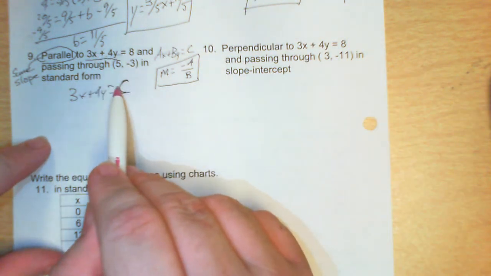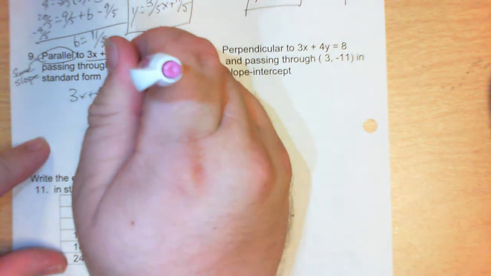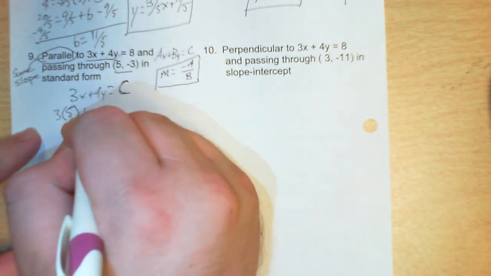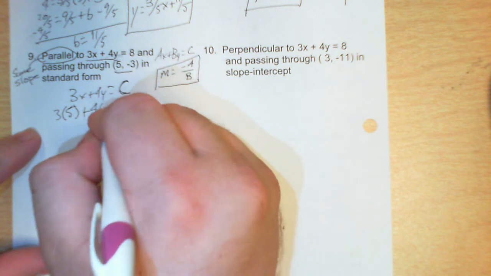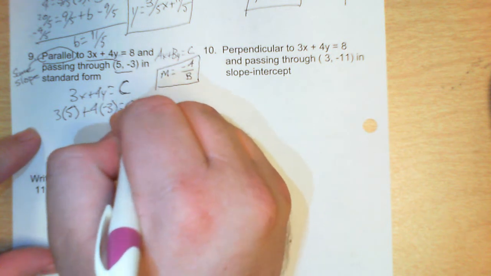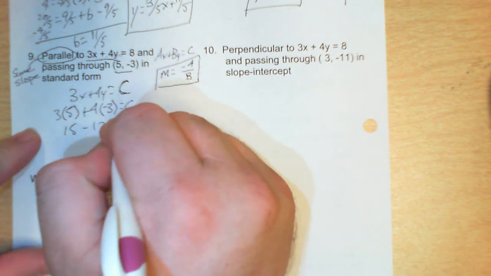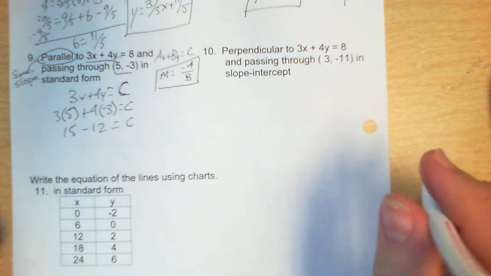So now I'm going to try to find c. They've given me a point, so I'm going to do 3 times 5 plus 4 times -3 equals c, which gives me 15 minus 12 equals c.